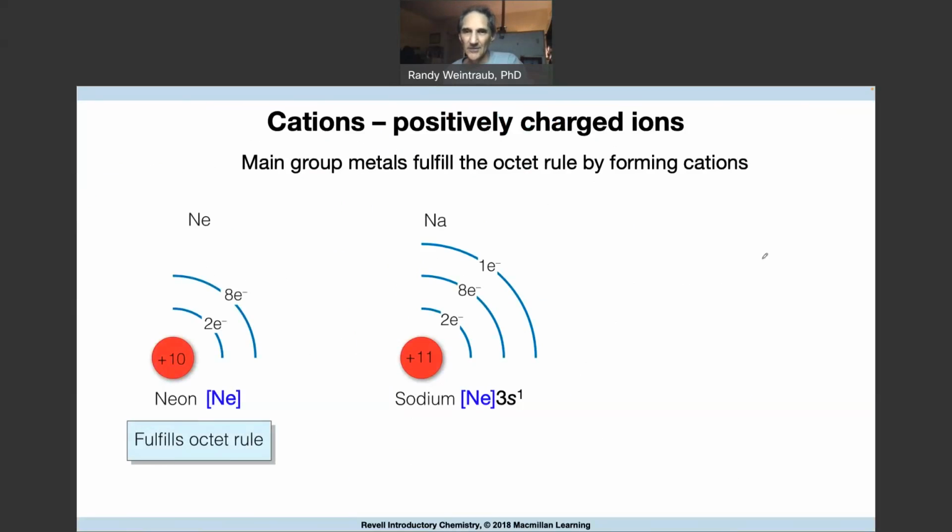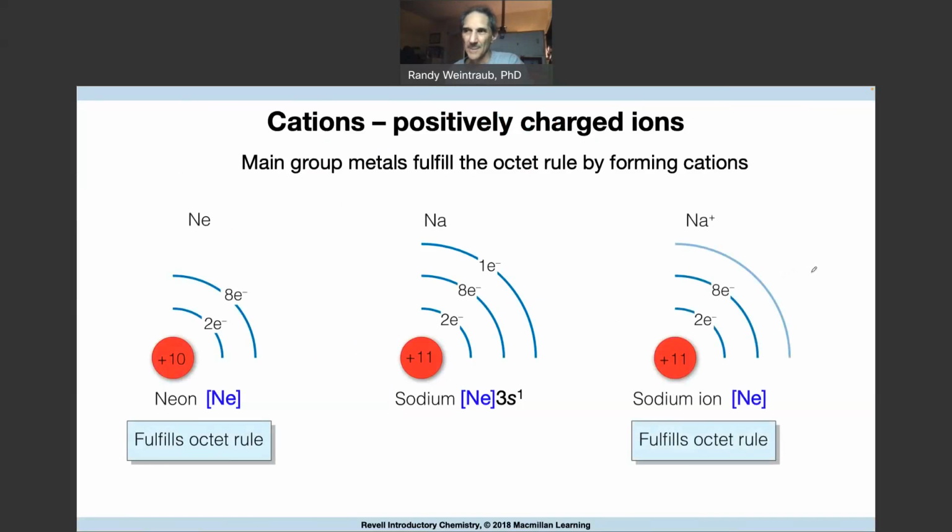We said the main group elements could form cations or anions. You could see examples here. And the purpose of forming ions, we said, is to fill that octet. Neon is already filled. Sodium needs to lose an electron to fill its octet.